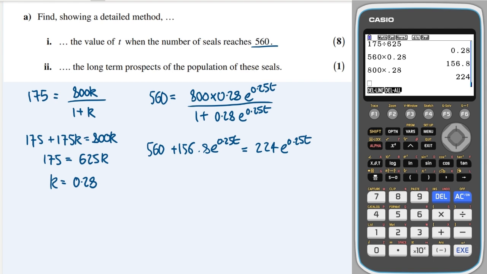Okay, I can just collect up the e to the 0.25t. So I'll just subtract this to get 67.2. I'll then divide through by that 67.2, and I will get 25 over 3.